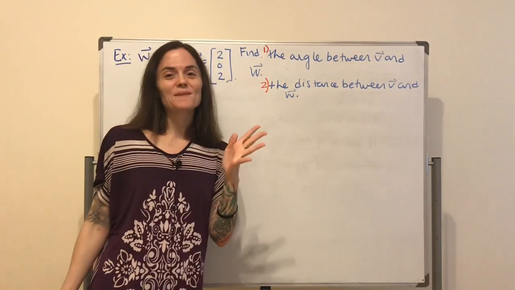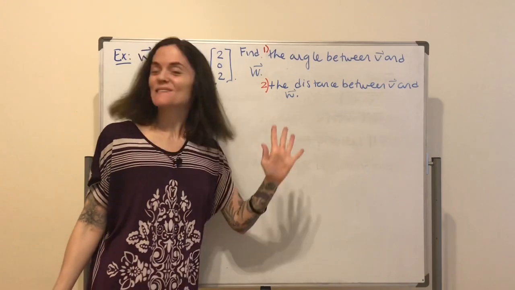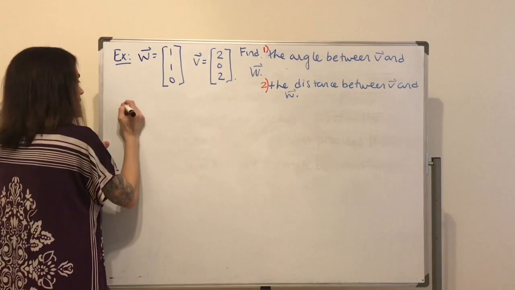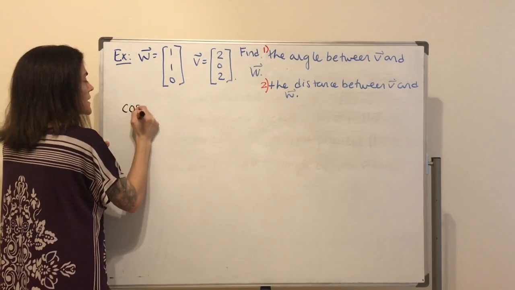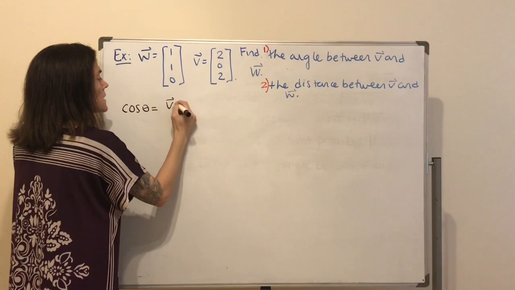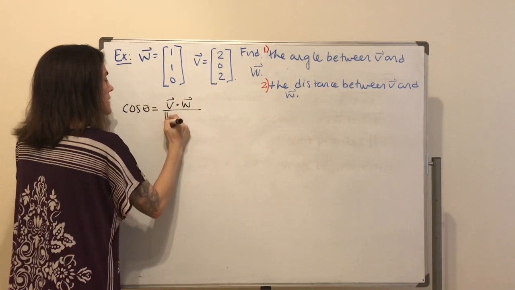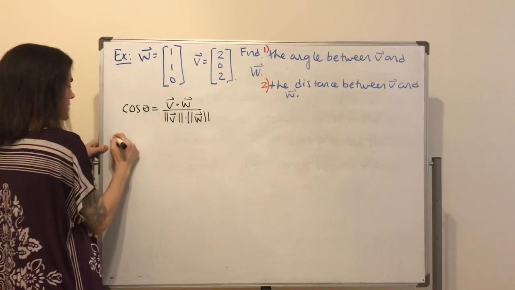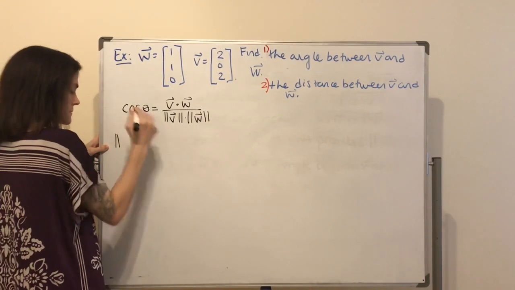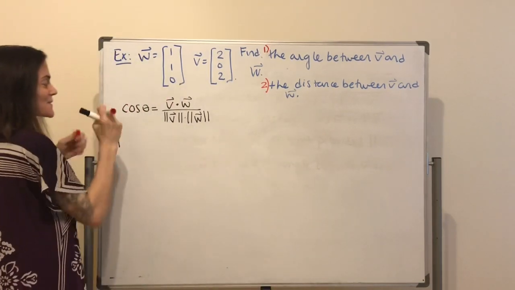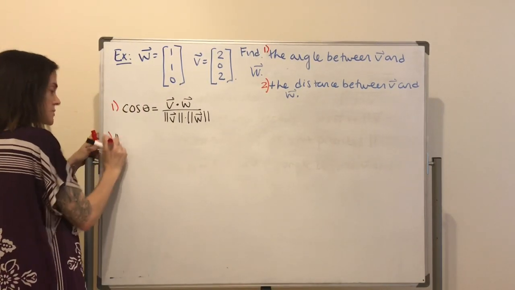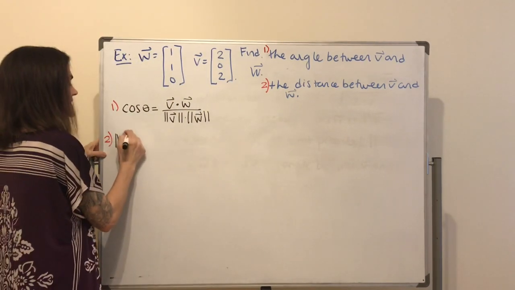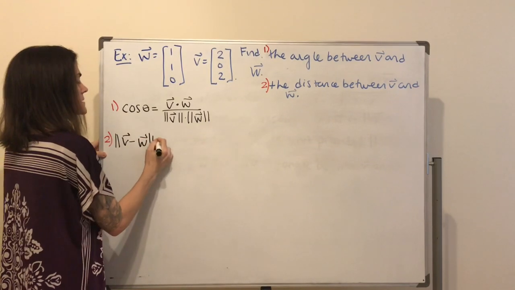We want to find the angle between V and W and find the distance between V and W. Well, let's remind ourselves, the cosine of theta is V dot W over the length of V times the length of W. This first part is what we use for number 1, and for number 2, as we just reminded ourselves, the distance between the two vectors is this.